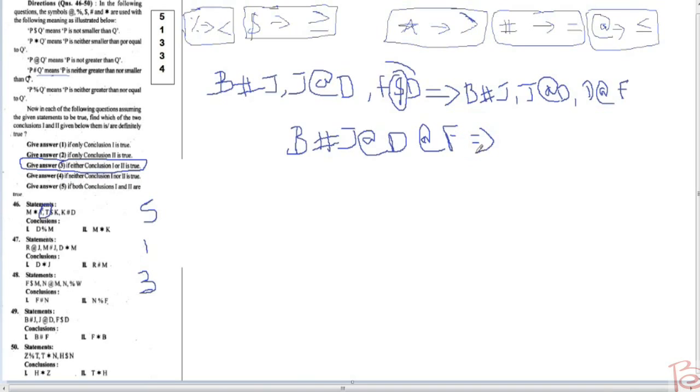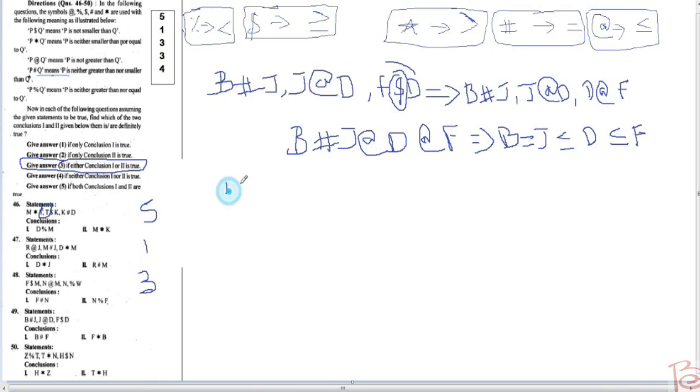Which means b hash j, where hash means equal to, at means less than or equal to d, less than or equal to f. Okay, this is the simplified statement.